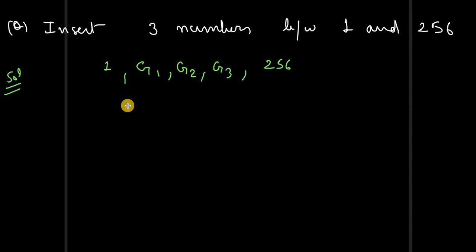Now as we have done earlier, we just have to find out r. So how can we find r? As we know, 256 is our fifth term, because 1 is the first term, G1 is the second term, and so on. 256 is the fifth term, so we can write it as a5.